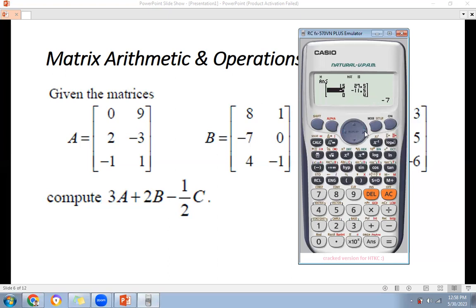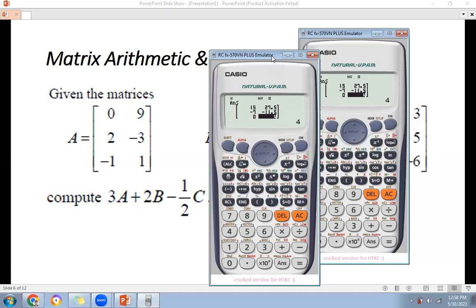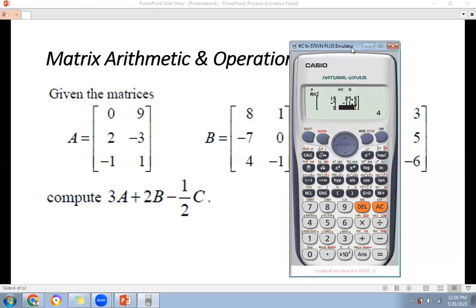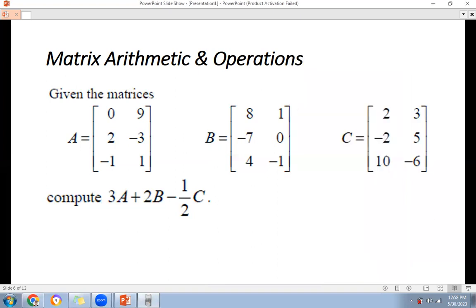On the second row, -7 and -11.5. And on the third row, 0 and 4. Okay, so that's it for the matrix operation.